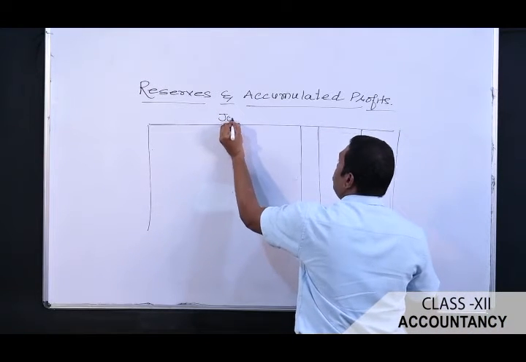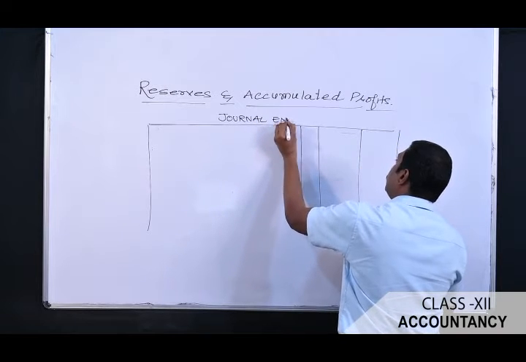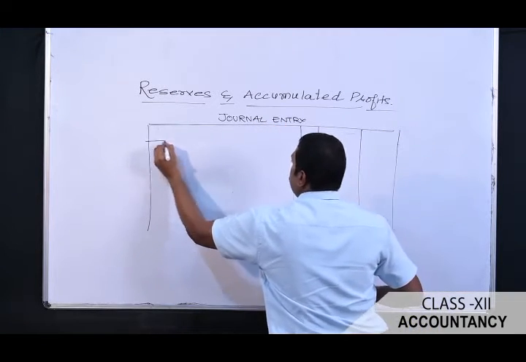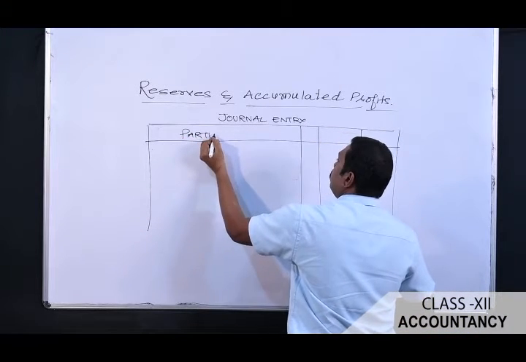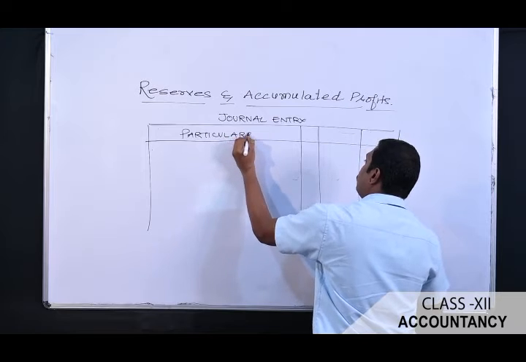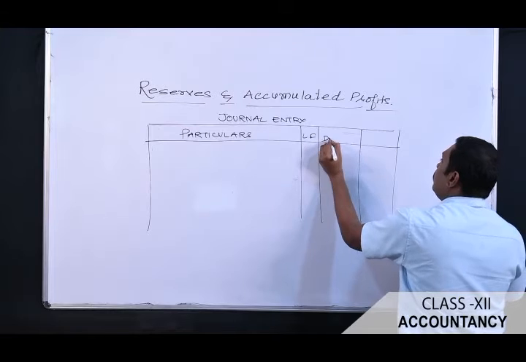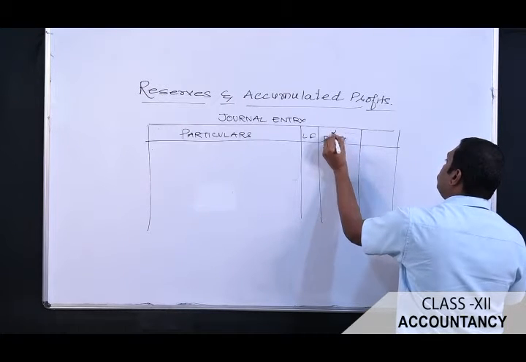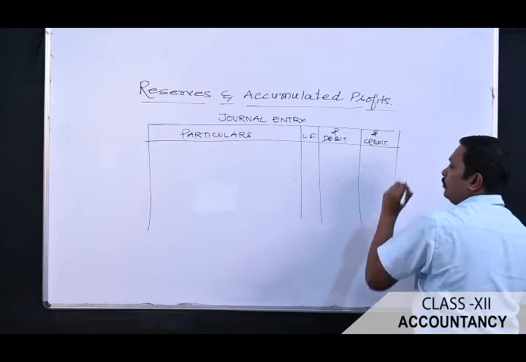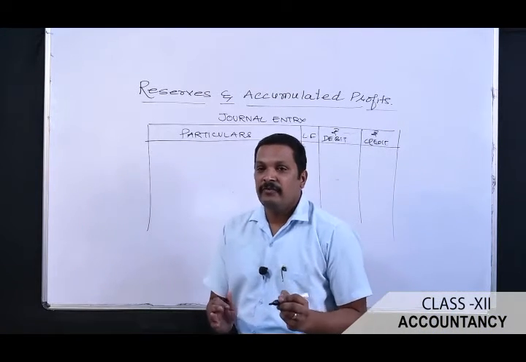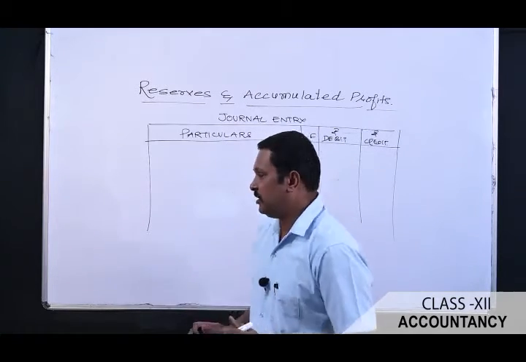This is journal entry: particulars, ledger folio, debit, credit. So what are the balances we are having? We are having two balances. One is profit and loss account balance, another one is general reserve balance.